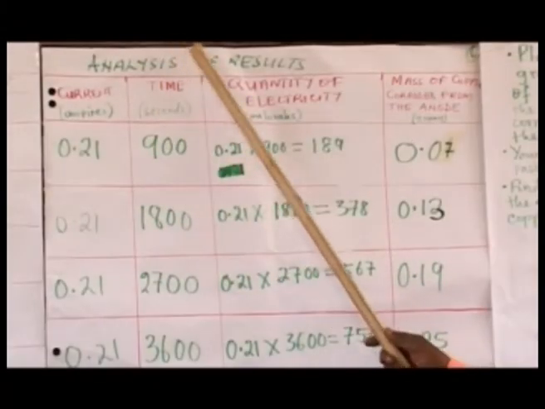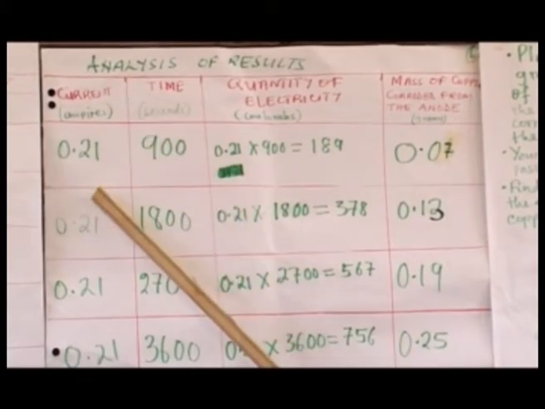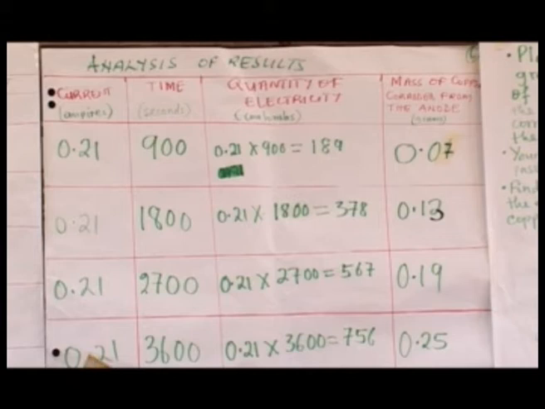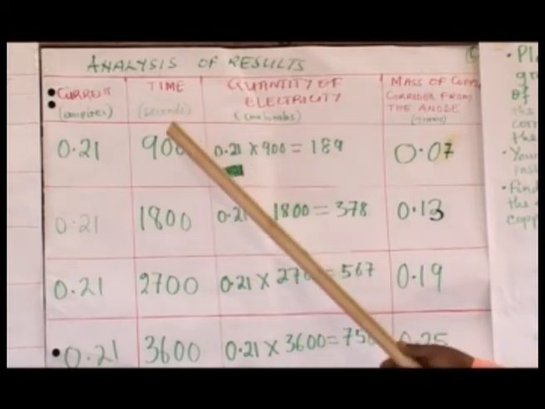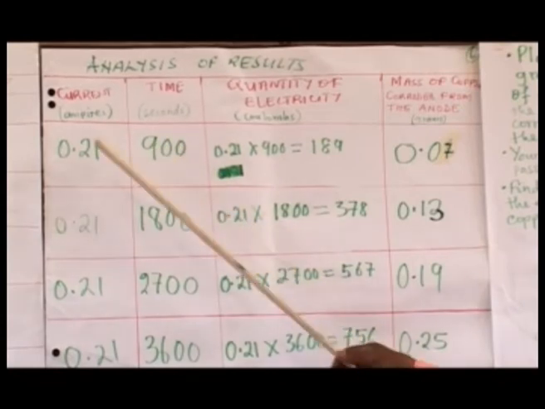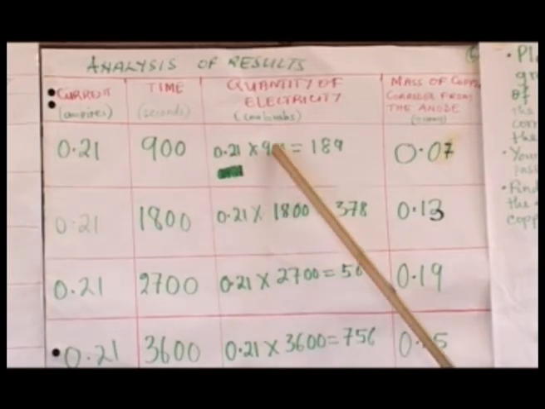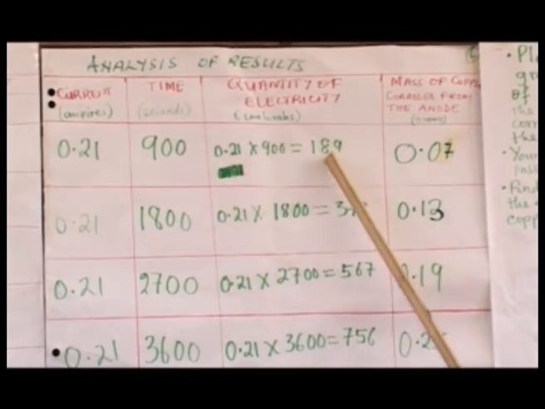You can see on this table of analysis that the current throughout the 4 experiments was maintained at 0.21, a constant current throughout. The first experiment took 900 seconds, and if you multiply the current and the time, you get coulombs.